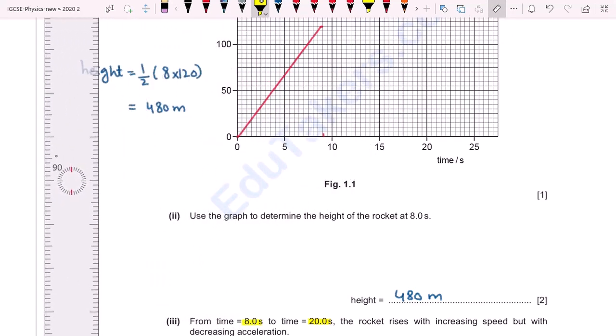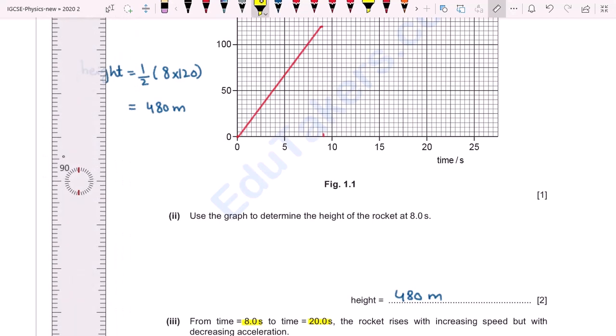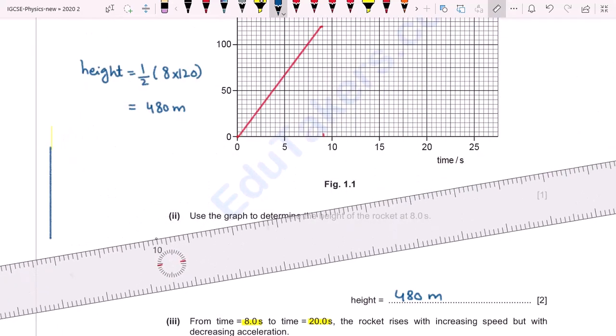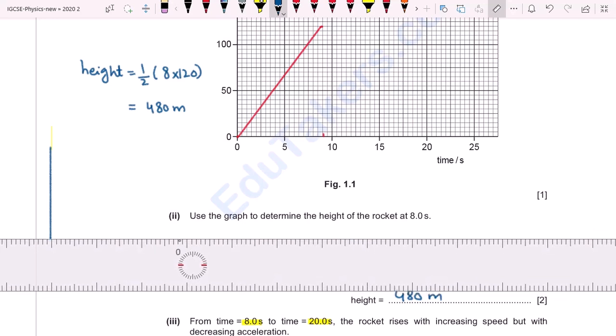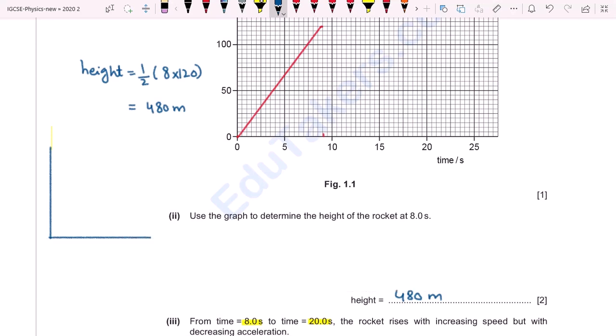So first of all, I use a ruler and draw the axes. Now I am drawing the y-axis here, and the x-axis.